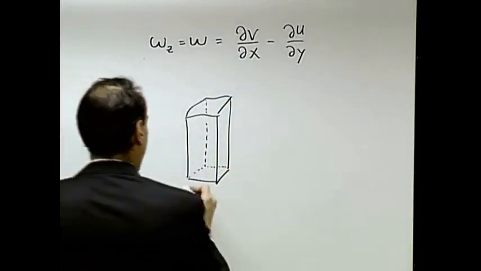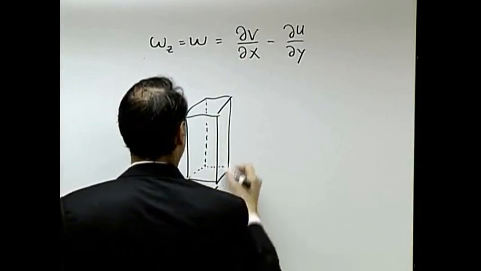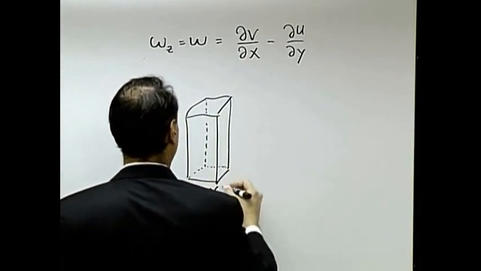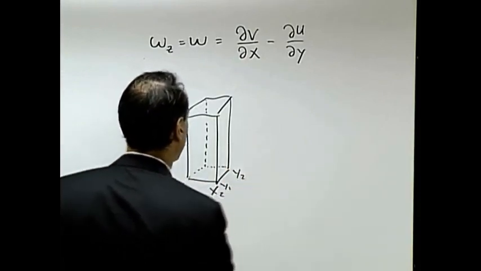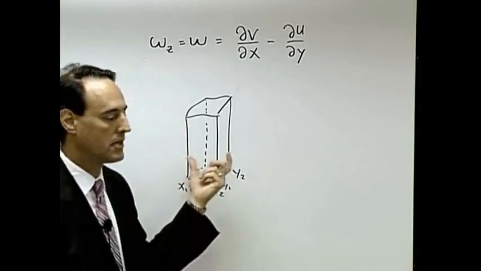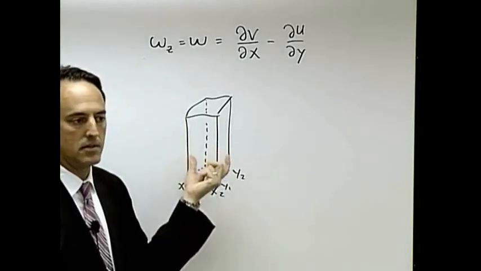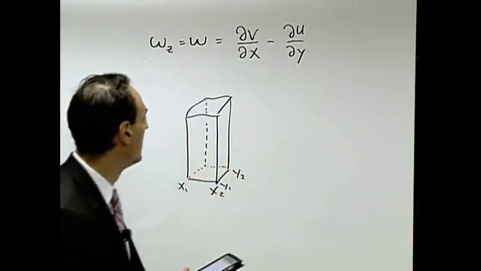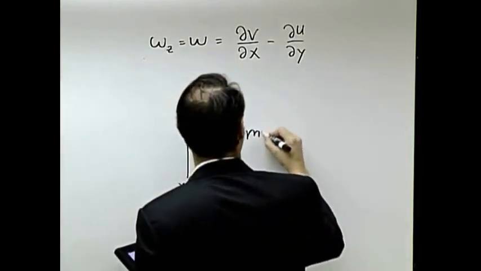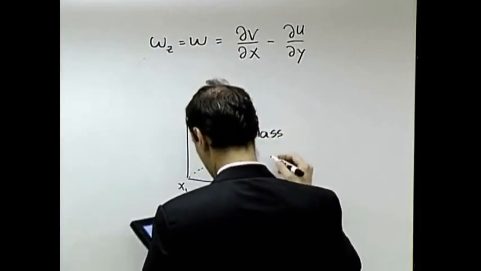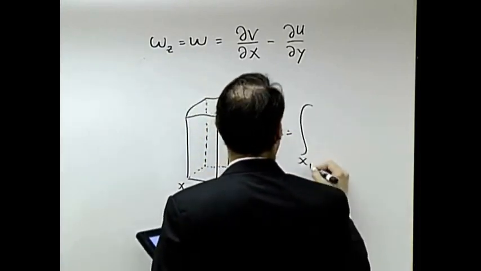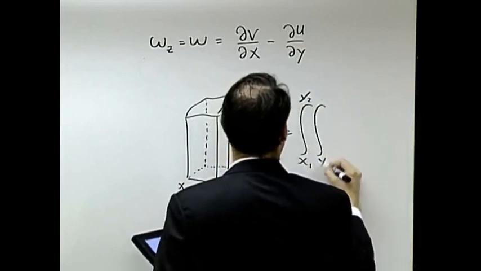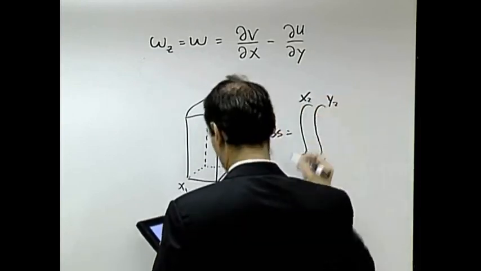Okay, and I have an x1, x2. This is the x direction, and then this is y1, y2. It's a little pillbox, and what I want to understand is the dynamics of the mass in this little box. Now, to calculate the mass, I integrate over all the stuff inside there.